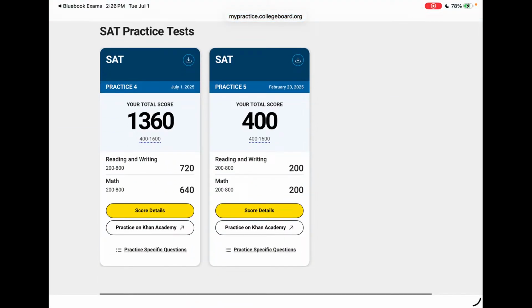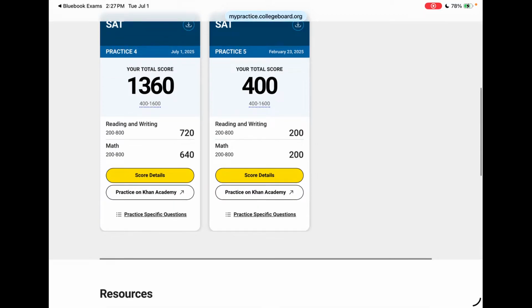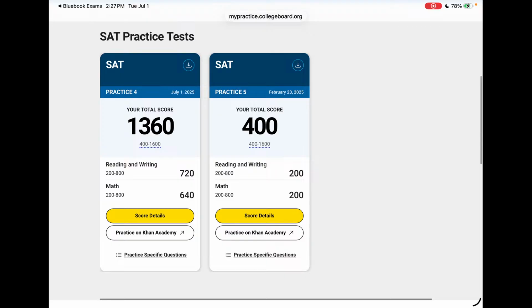$13.60. Ignore this practice 5. I kind of just skipped through the whole thing, but it's pretty bad considering my super score is a 1440 right now. But okay.